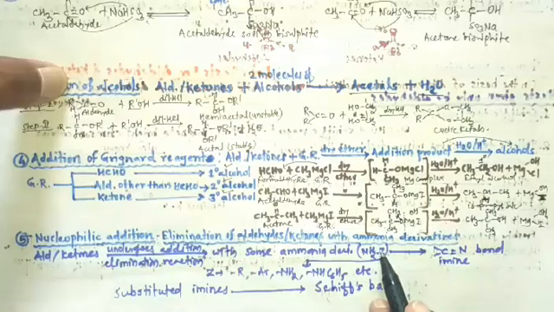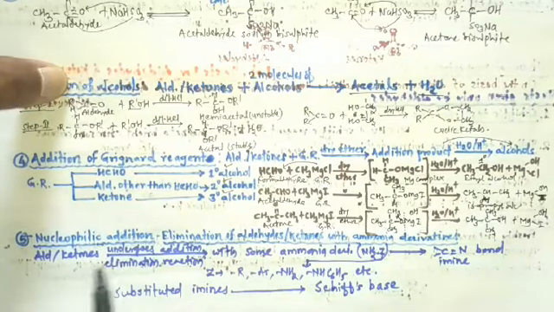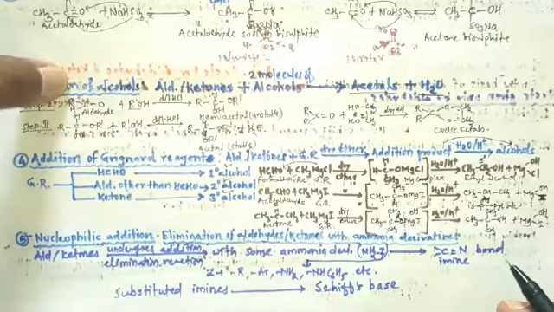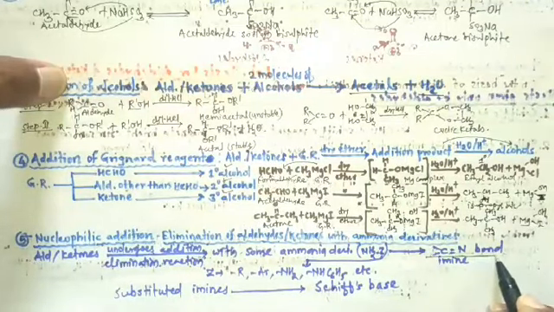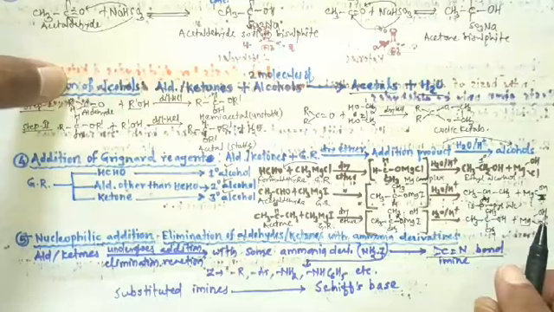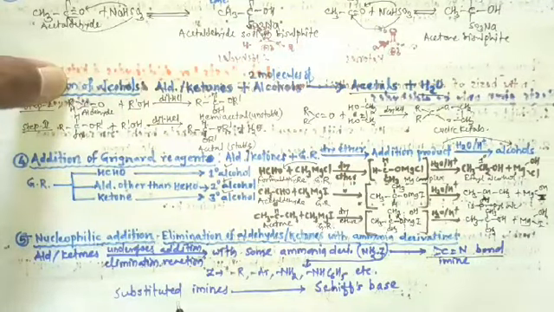If instead of Z there is R, then that is RNH2, that is an amine. If instead of Z there is Ar, that is an aromatic amine. When aldehydes or ketones undergo addition elimination reaction with some ammonia derivatives, they form imines.